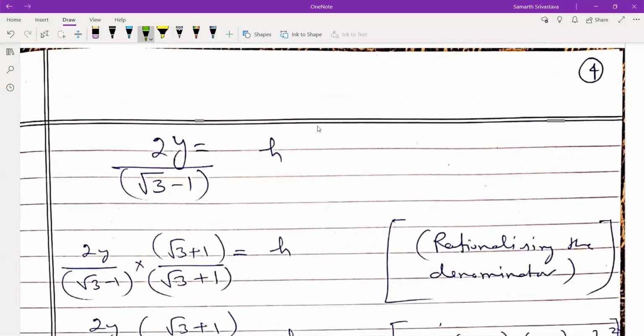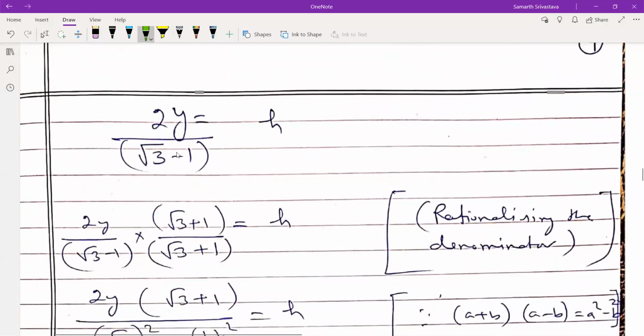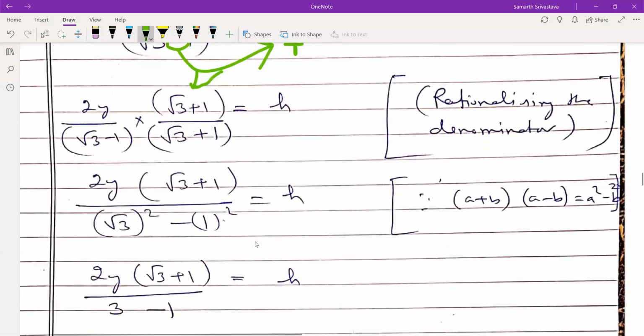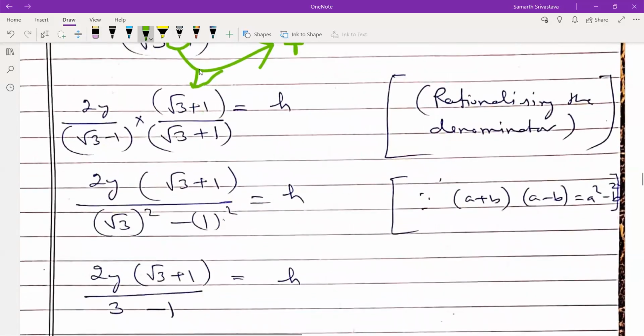Now in order to bring the result, let us rationalize the denominator by multiplying by its conjugate. So the conjugate of root 3 minus 1 is root 3 plus 1. So h is equal to 2y upon root 3 minus 1, with root 3 plus 1 in the numerator and denominator, because if we multiply both numerator and denominator of any fraction by the same number, it doesn't make any difference.